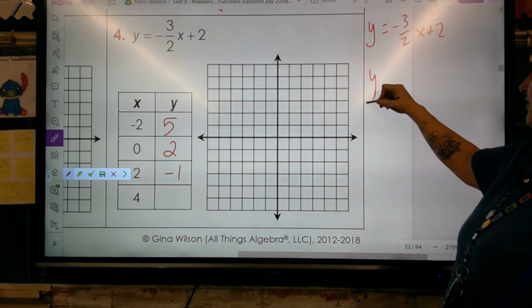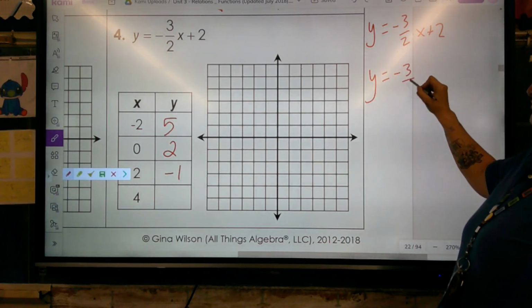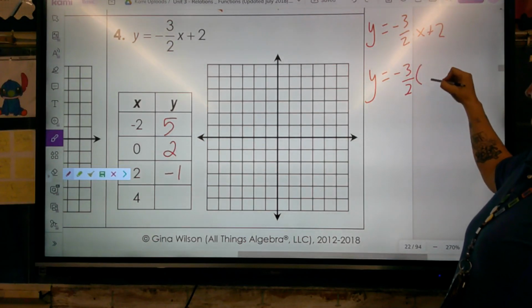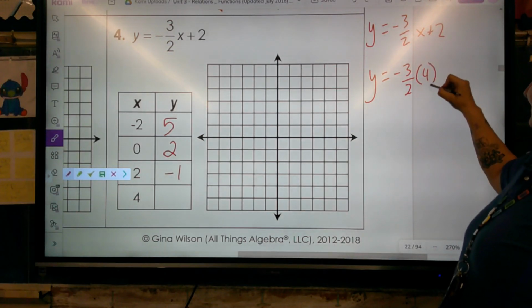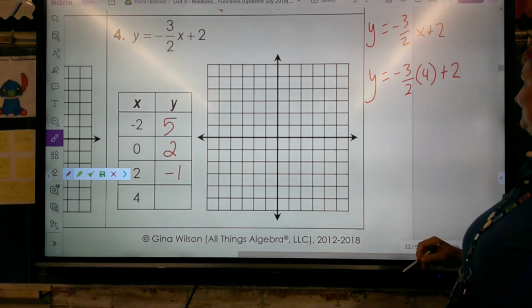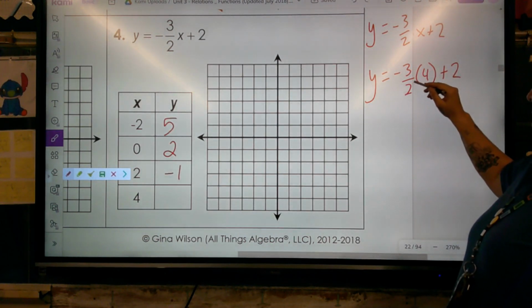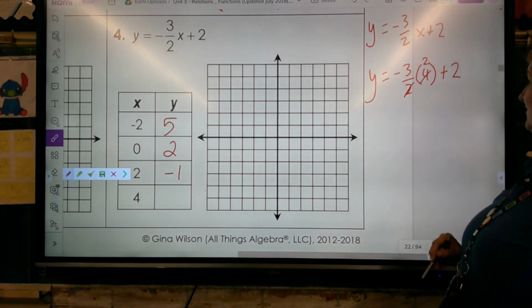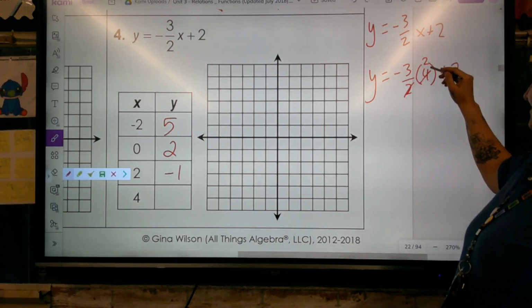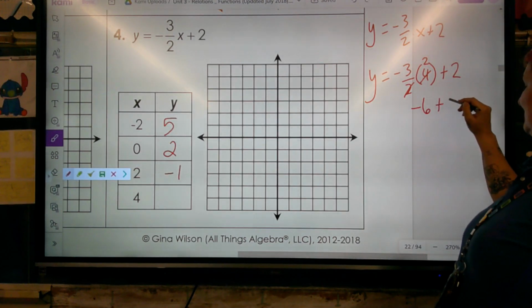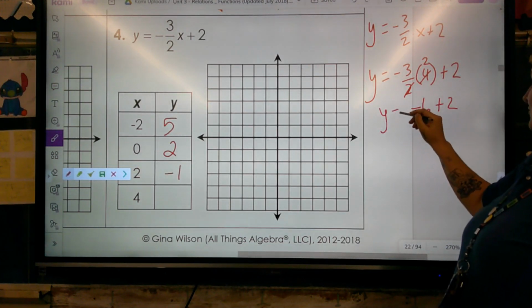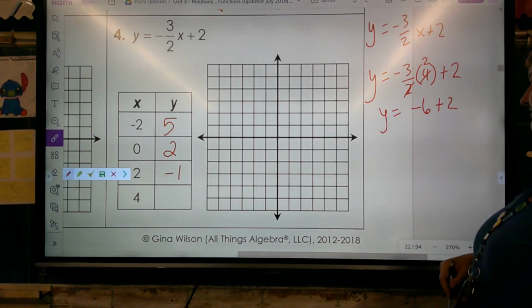What about when it's 4? Don't lose the negative sign. It'll change your answer completely. All right, 4 divided by 2 is 2. Negative 3 times 2 is negative 6. Don't lose your y because you need to know what your output is.